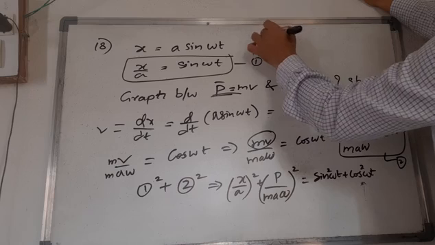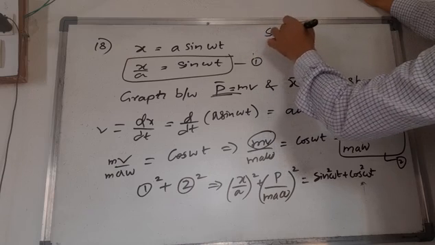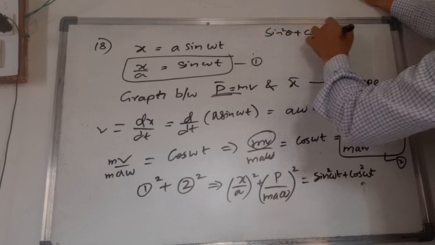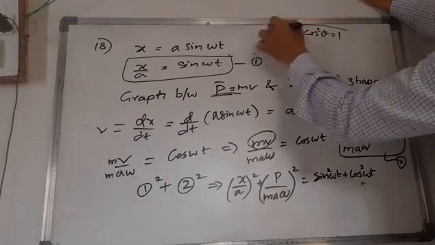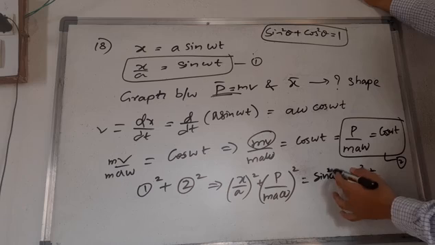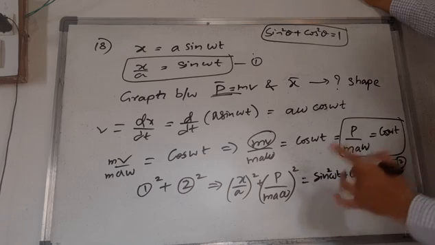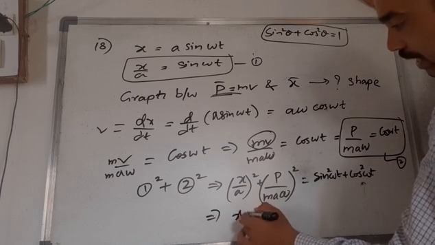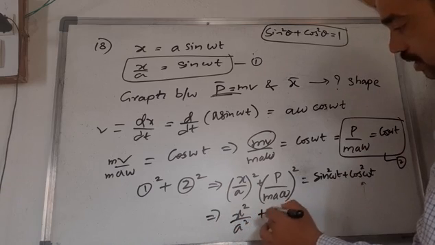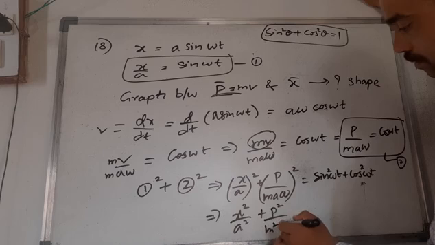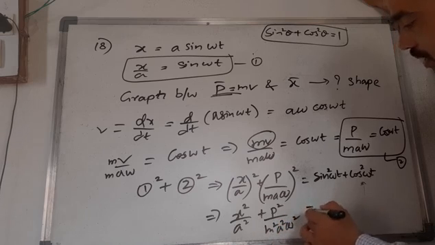We already know that sin square theta plus cos square theta is equal to 1. Based on this trigonometrical rule, sin square omega t plus cos square omega t is equal to 1. So this implies x square by a square plus p square by m square a square omega square is equal to 1.